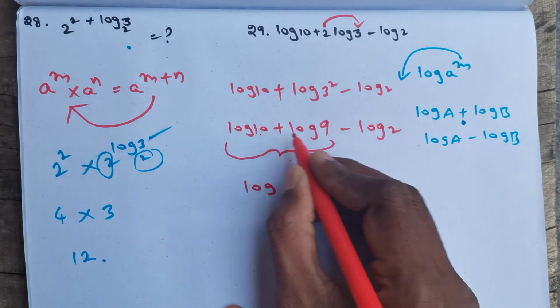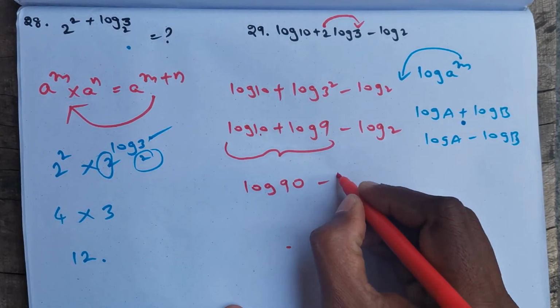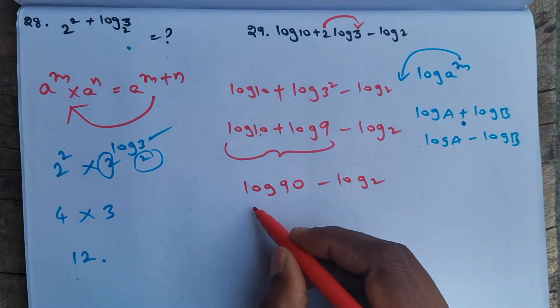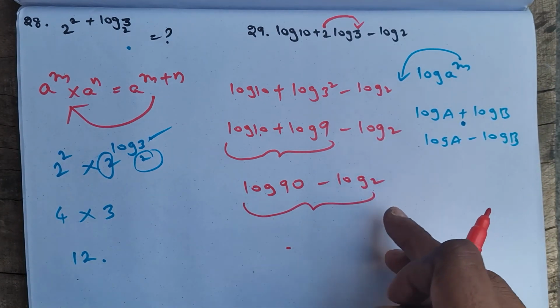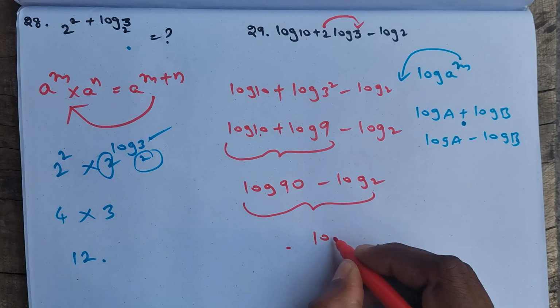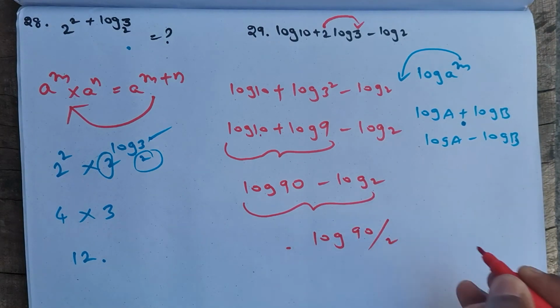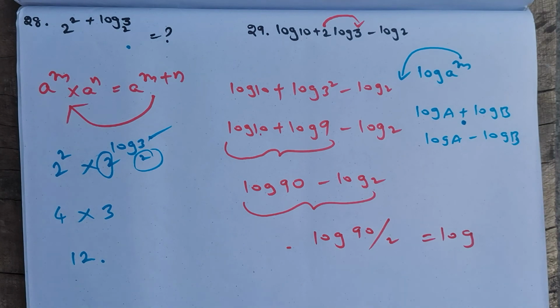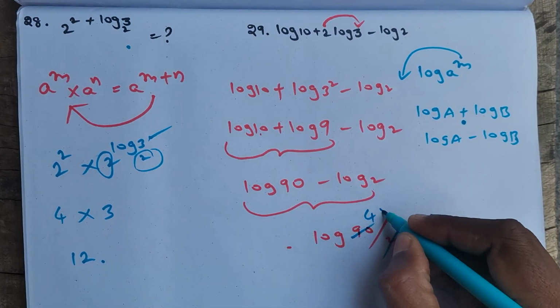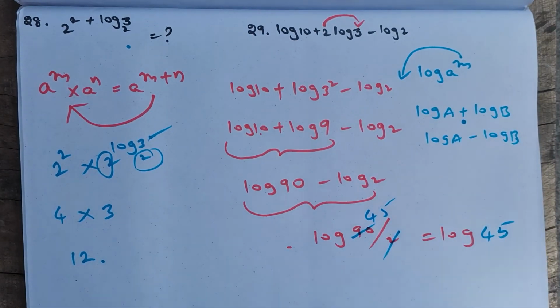So log 10 into 9, 90, minus log 2. Now these two terms have minus, so log a minus log b means we need to do division. So log 90 by 2. If you do cancellation, 2 1s are 2, 45s are 90. So log 45. So the final answer is log 45.